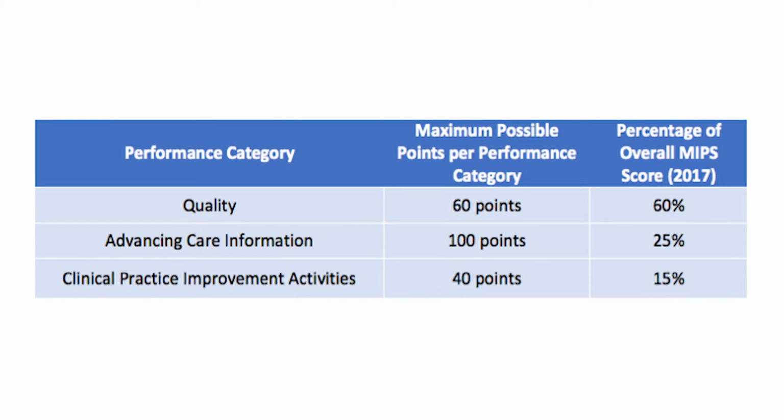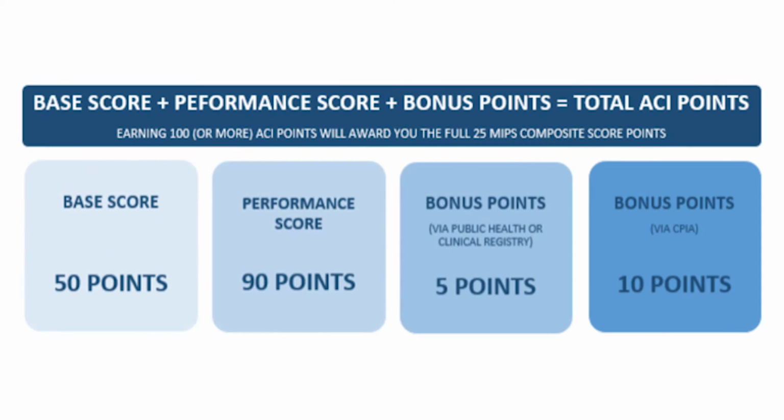score. To get the full 25%, a clinician must earn the full 100 points available in this category. The ACI category is broken down into 3 main sections, and each section is allotted a total amount of possible points.